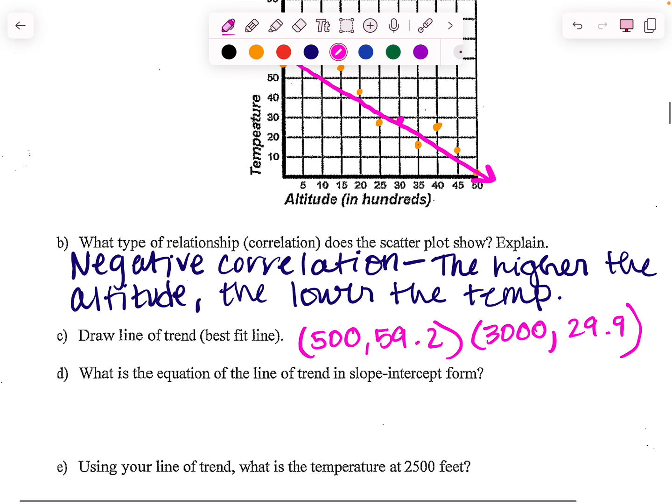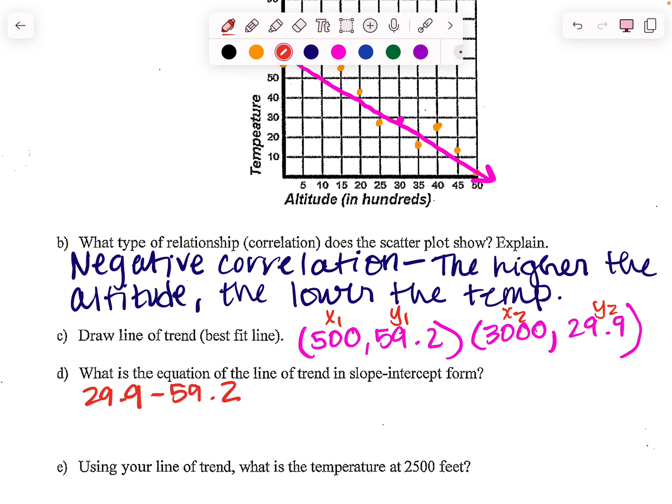Now that I've done that, I have to write an equation in slope-intercept form. So we're taking our previous knowledge and we're going to label x1, y1, x2, y2. I'm going to go 29.9 minus 59.2 all over 3,000 minus 500.